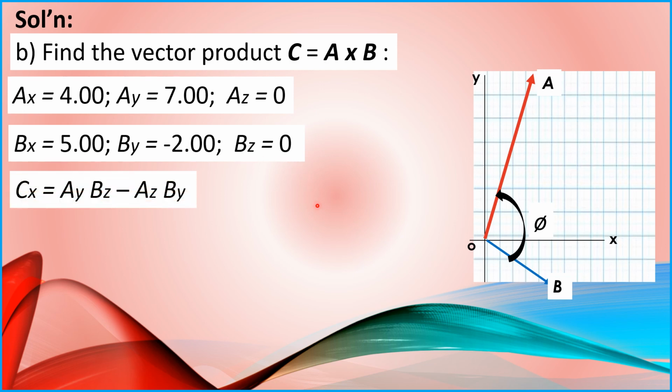Then we proceed in finding the x component of the cross product, labeled vector C, right?